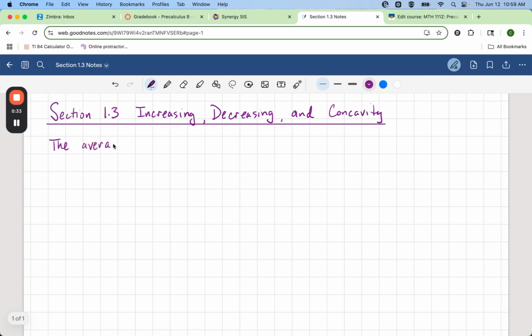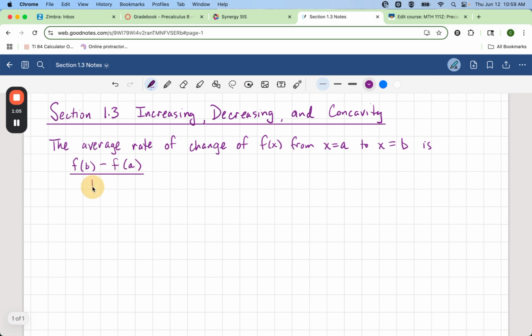A lot of what you do from here on out in mathematics deals with rates of change. The first part of calculus is all about rates of change. The average rate of change of f of x from x equals a to x equals b is, and it's just a formula, f of b minus f of a divided by b minus a.